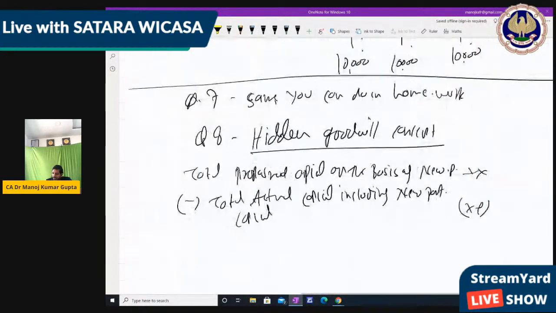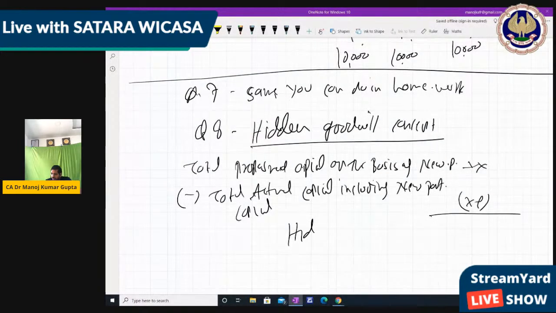Whatever the difference will be is considered hidden goodwill. We have this in our notes also, so don't worry. But still you should understand hidden goodwill is the value of proportionate capital less actual capital including new partner capital. The difference is goodwill.